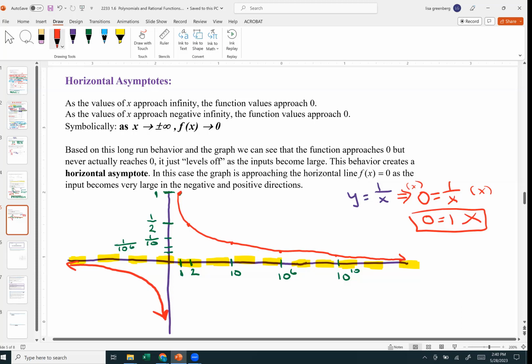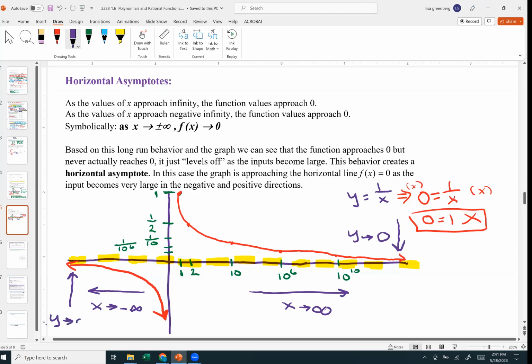So let's read what this says. It says, as the value of x approaches infinity, so notice this is getting bigger, x is approaching infinity, what's happening to y? y is approaching 0. Okay? And in the negative direction, as x approaches negative infinity, y is approaching 0 as well.